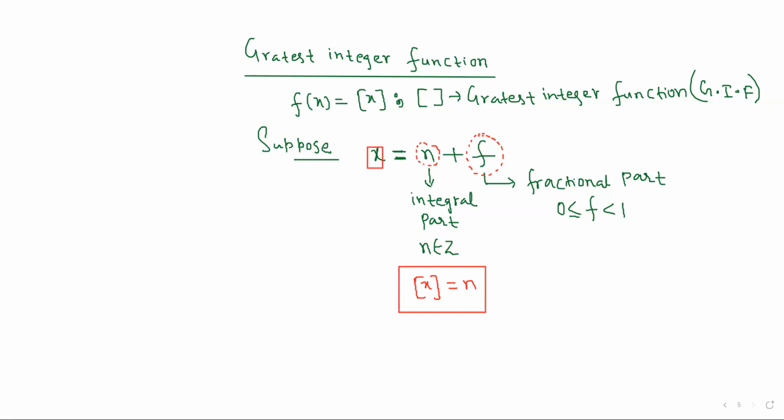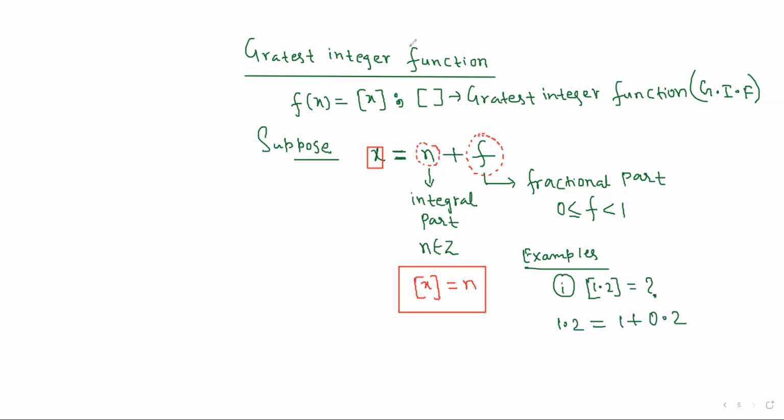Let us take one example. Let us find the greatest integer function of 1.2. Suppose 1.2 is written as 1 plus 0.2.